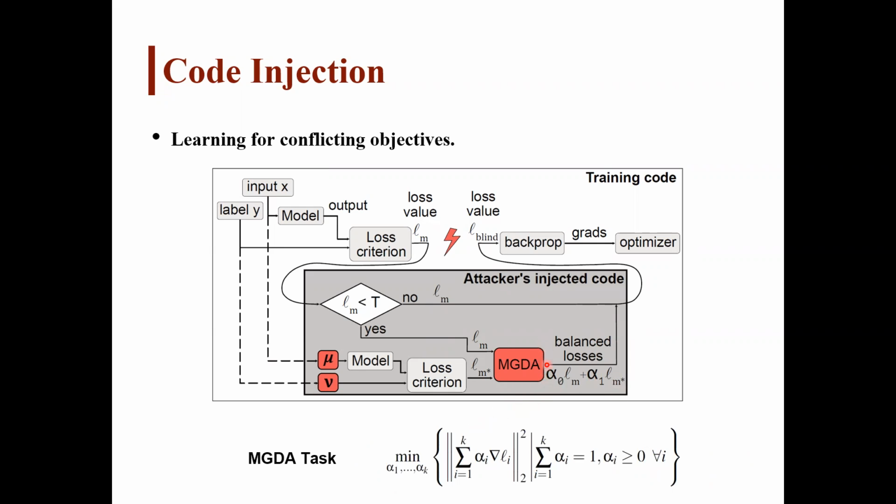Here comes a question: the learning for the different tasks can conflict with each other, since the labels that the main task wants to assign to the backdoor input are different from those assigned by the backdoor attacks.